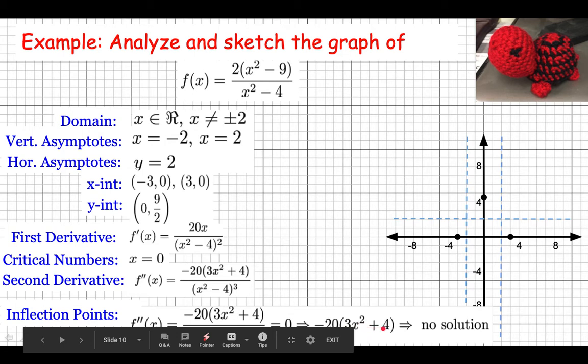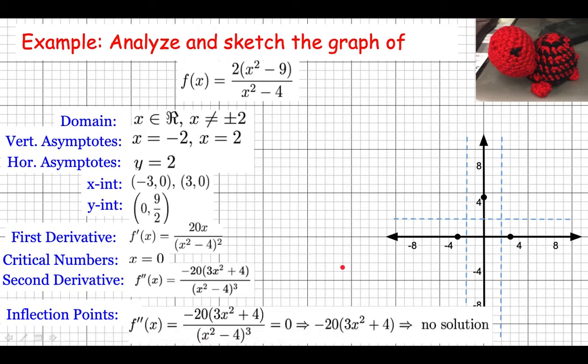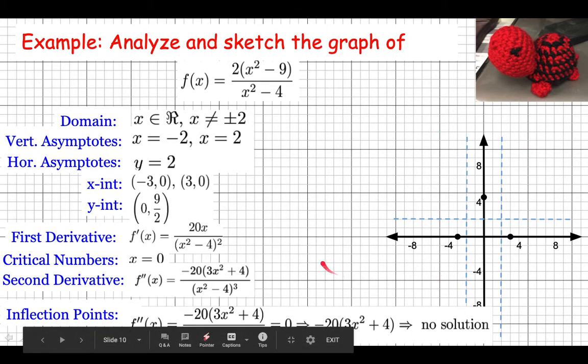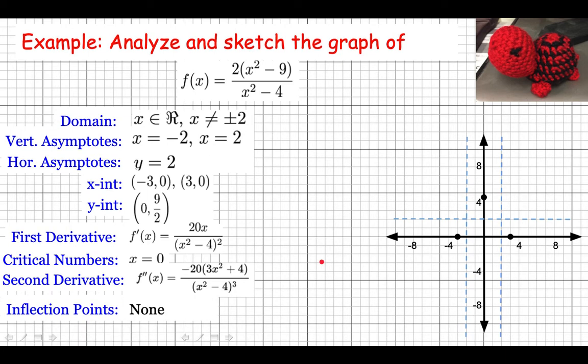That's always going to be bigger than 4. So there are no inflection points. There are no places where it changes concavity on an interval. But again, you got to realize these asymptotes break us up into different intervals. So don't worry about inflection points.